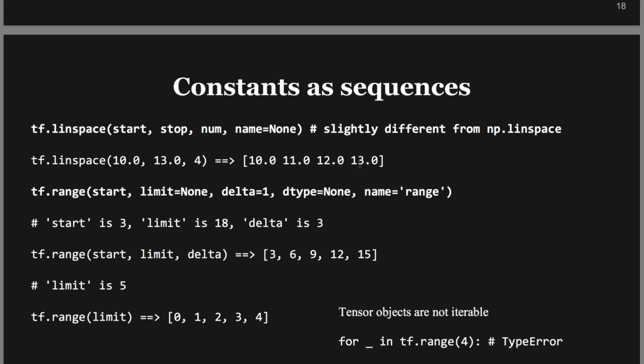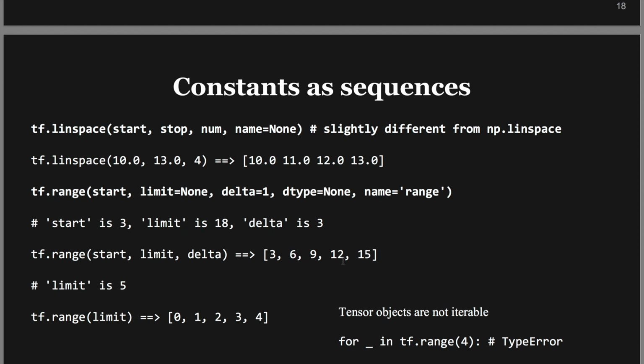So that's tf.linspace. We have tf.range, where you start with a number and go to the limit, but you don't include the limit. And delta is the step size. So for example, if start is 3, the limit is 18, and delta is 3, we would keep on going with as many numbers as required to get to the number right before the limit, which is 18.